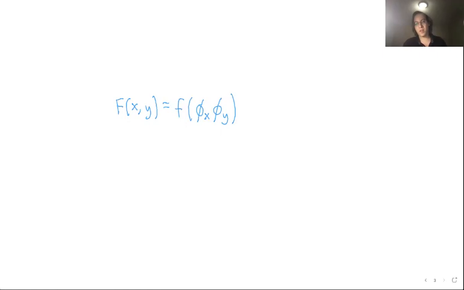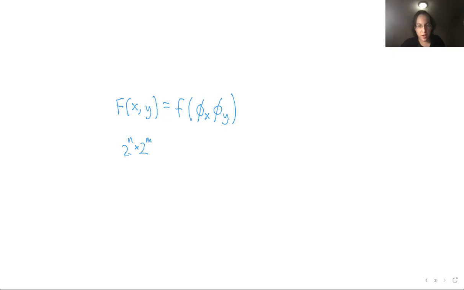Okay, so in particular, how many such strings are there? Well, we know that there's 2 to the n times 2 to the m pairs xy. And for each pair we get a string phi x phi y.